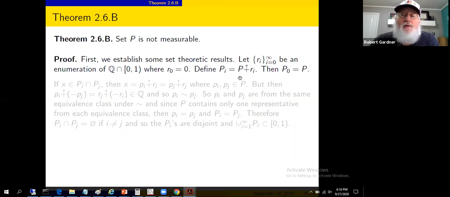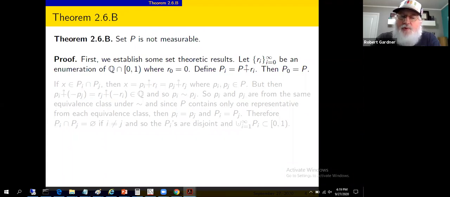All right. So we'll do this for i equals 0 to infinity, all the natural numbers with 0 thrown in. So we're creating a countable collection of sets, P sub i. We're about to show the P sub i's partition the interval 0, 1 into a countable collection of disjoint sets.